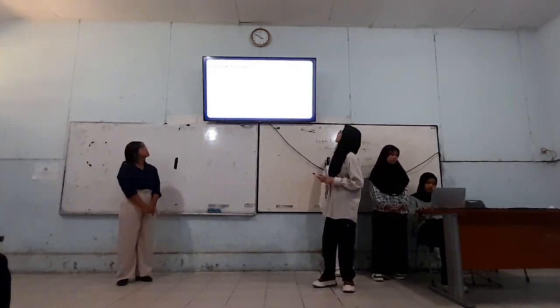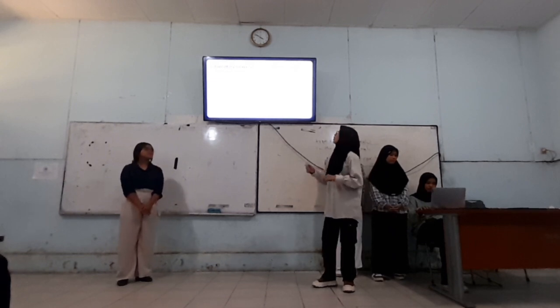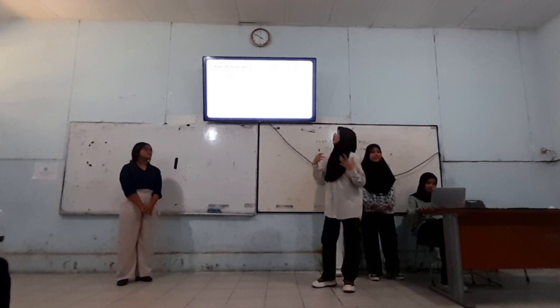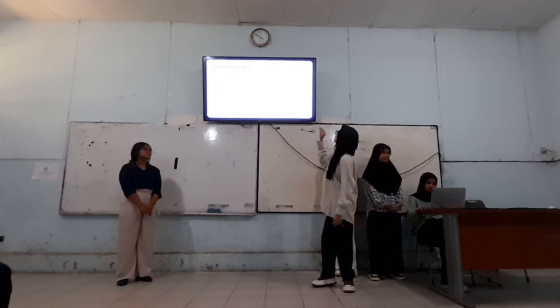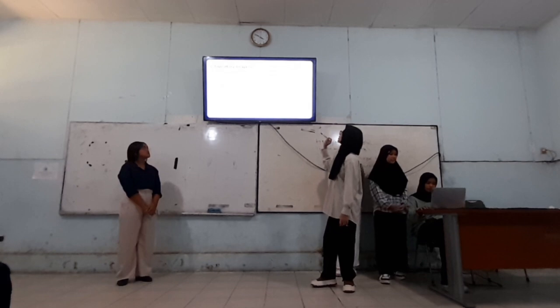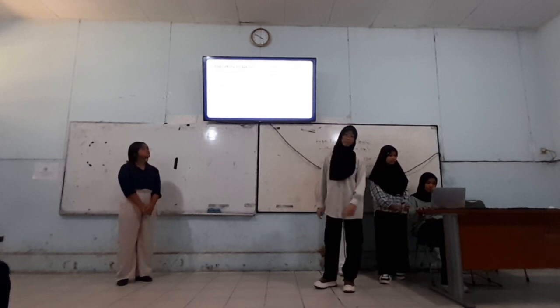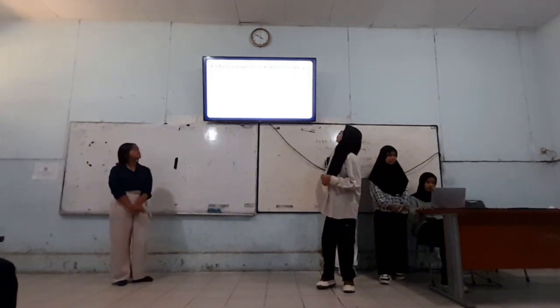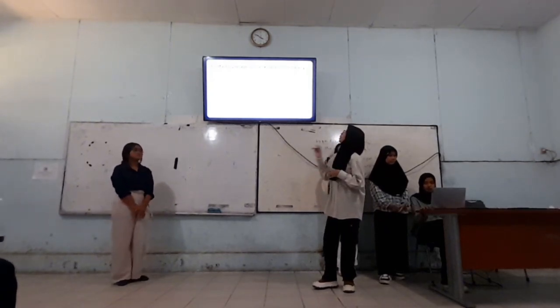Gustatory imagery, the sense of taste. It helps us to imagine the taste of something. For example, these plums: they are delicious, sweet, and sour. Then olfactory imagery, the sense of smell.